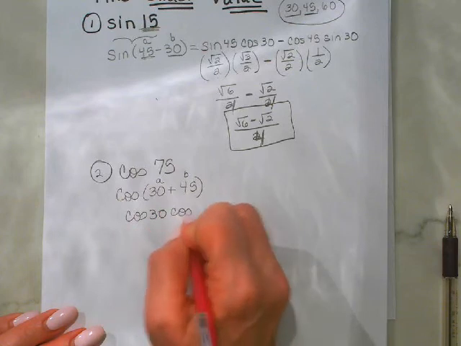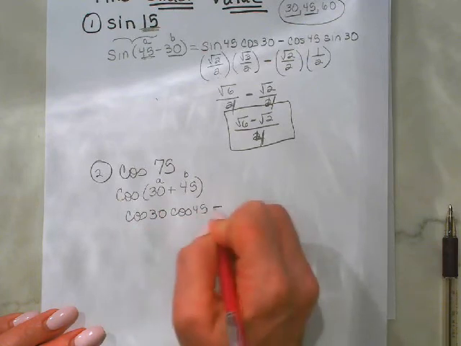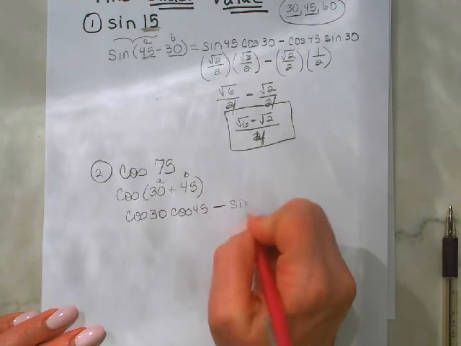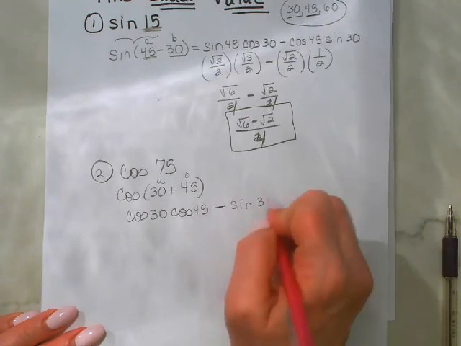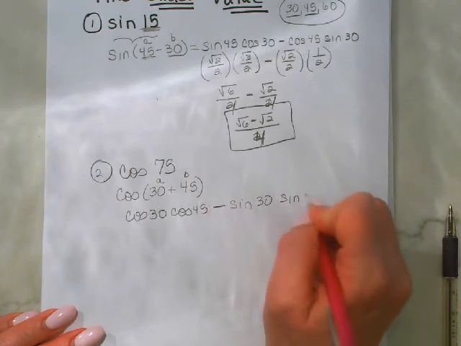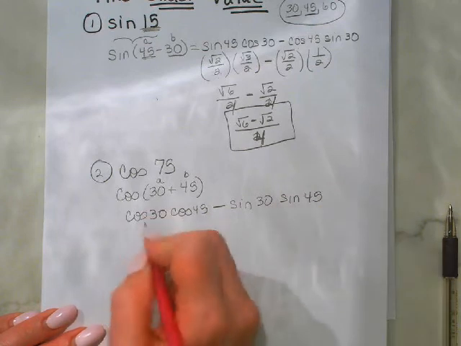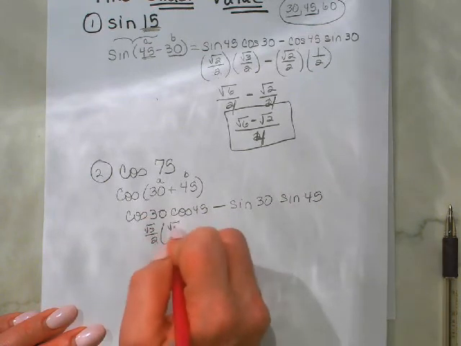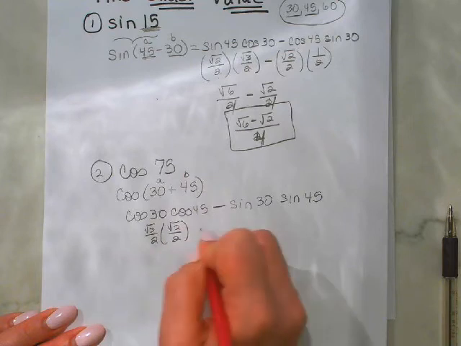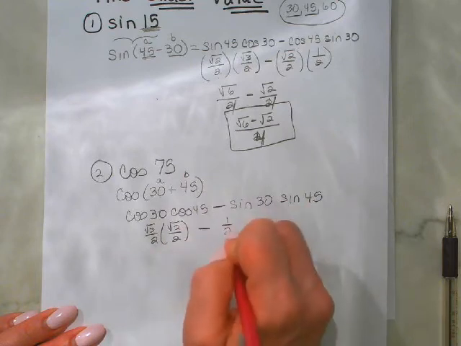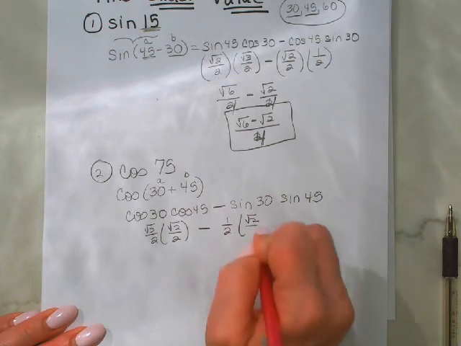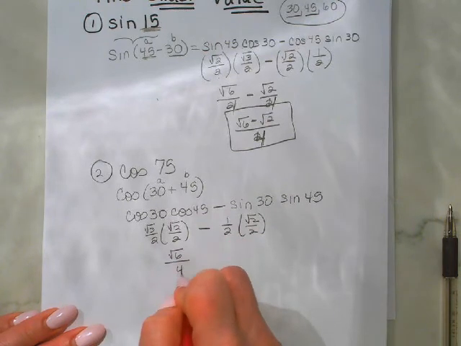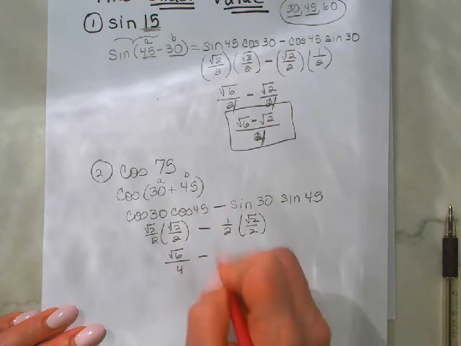It's going to be the cosine of 30, cosine 45, minus, the formula's opposite with cosine, then it's sine 30, sine 45. Cosine of 30 is radical 3 over 2 times radical 2 over 2 minus 1/2 times radical 2 over 2. This is going to be radical 6 over 4.